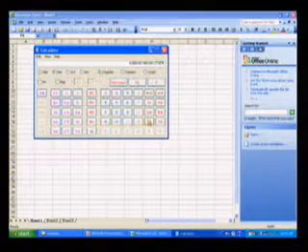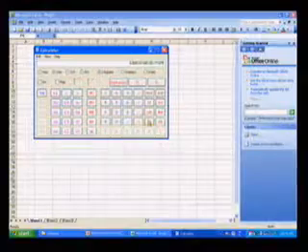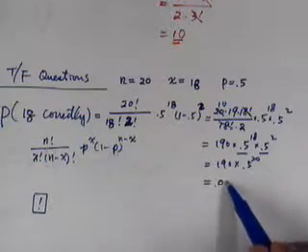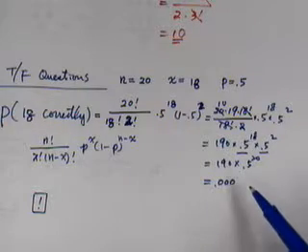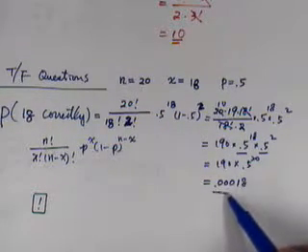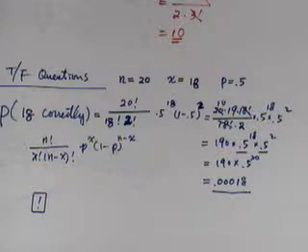So I'm going to write down the answer: 0.000180, sorry, yes, 18. So if I give you a 20-question true or false test, the chance of scoring an A, or exactly 90%, is this small.